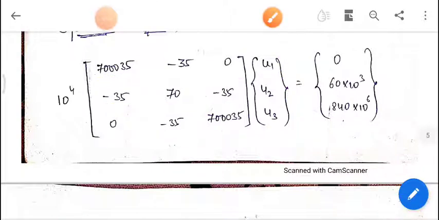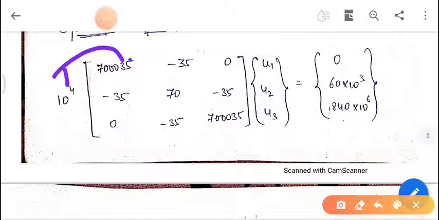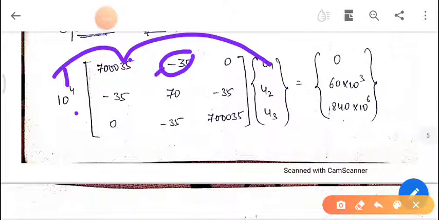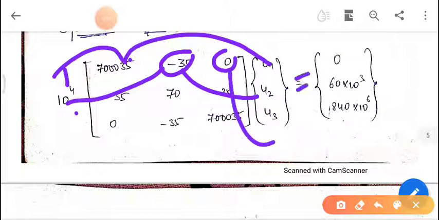First, this into this means 735 into 10 raised to 4 into U2. Next minus 35 into 10 raised to 4 into U2, 0 into anything comes 0, which is equal to 0.